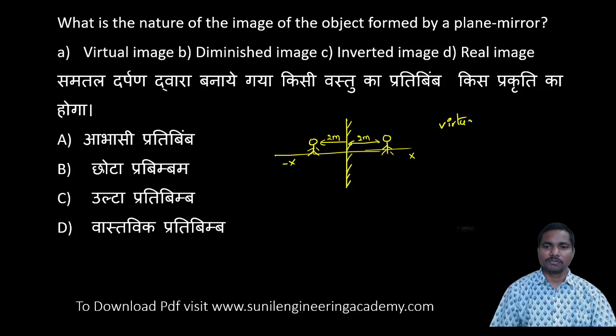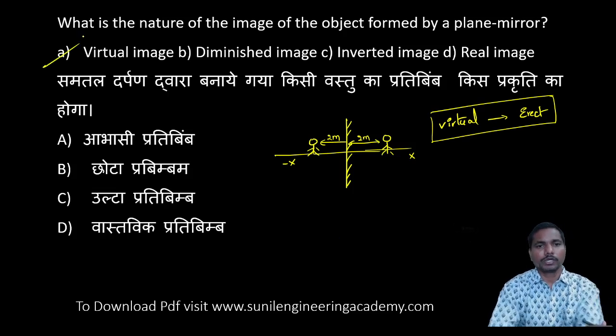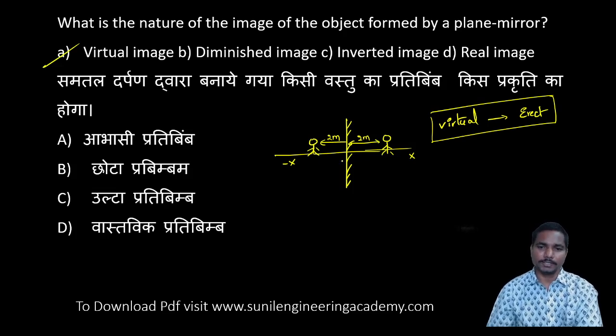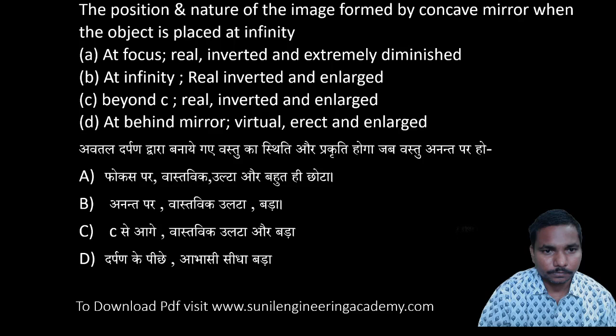So always virtual. All the virtual images will be erect. So in a plane mirror, all the images formed will be virtual and erect. So we can go with virtual. And what about the size? Size is the same. Same size images. Okay, linear magnification is equal to 1.